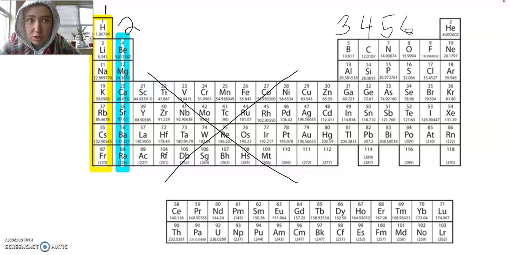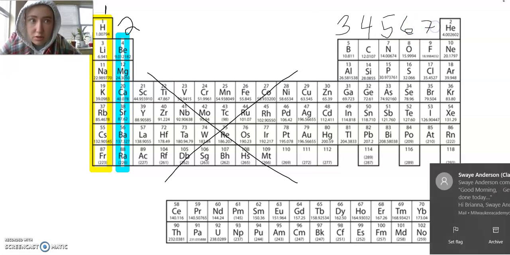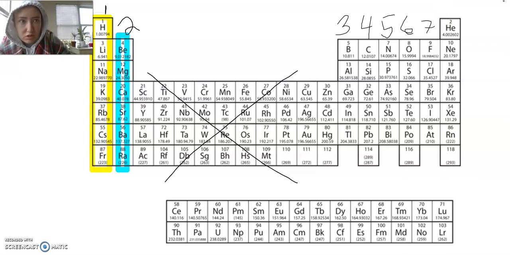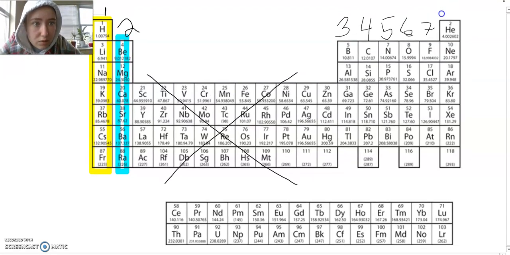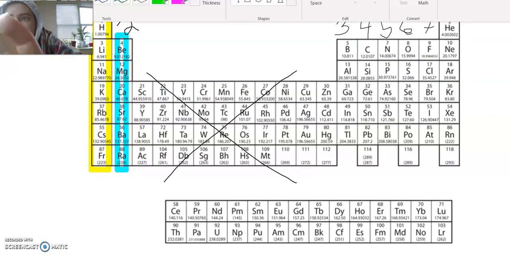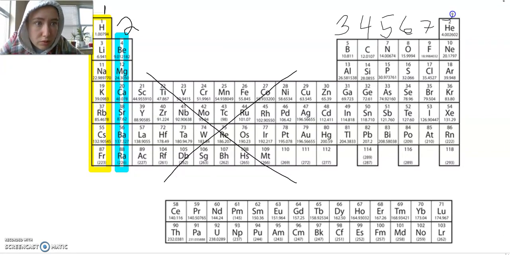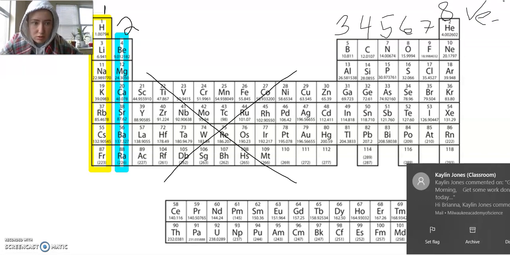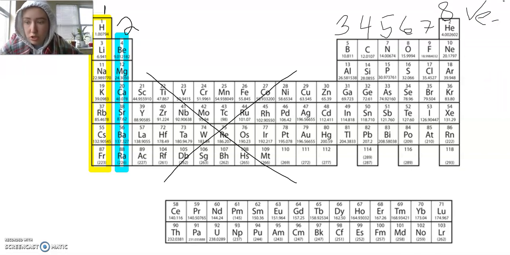That's a bad 6, I'm sorry. 7 and 8. Oh, that 8's off the screen, sorry. So again, looking across the top there, I'm looking at valence electrons, VE minus for valence electrons.